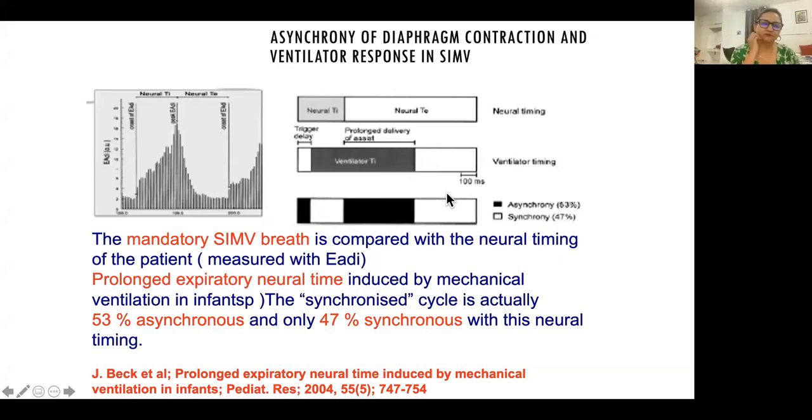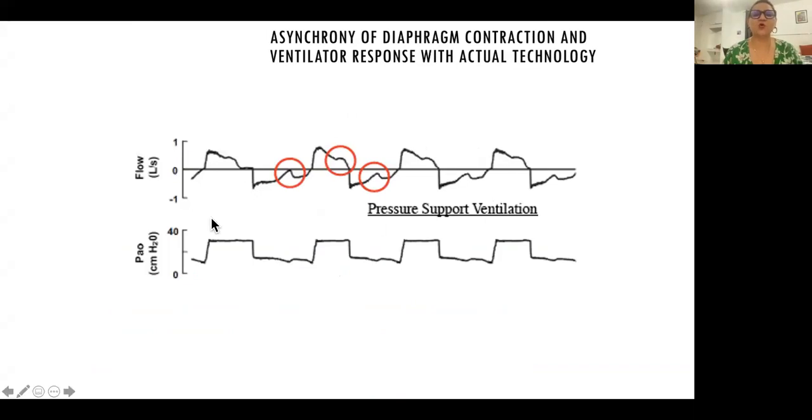With prolonged expiratory neural time induced by the mechanical ventilator in infants, the synchronized cycle is actually 53% asynchronous, and only 47% is synchronous with the neural timing. So this is very important, and this is how you will see, if you look at the diaphragm contraction and the ventilator response, that there is asynchrony here and here.